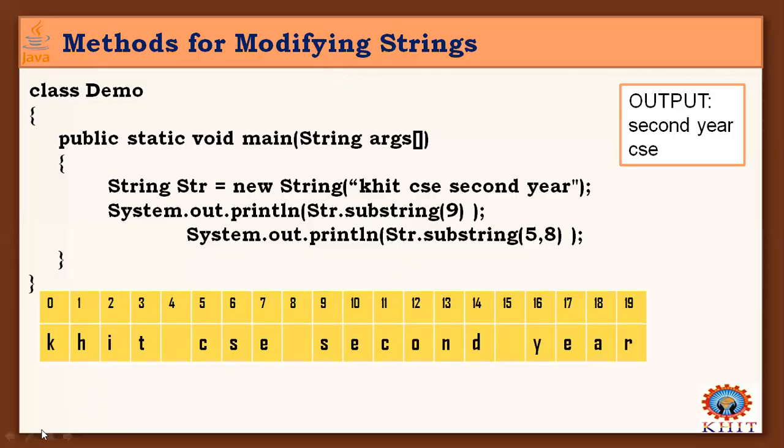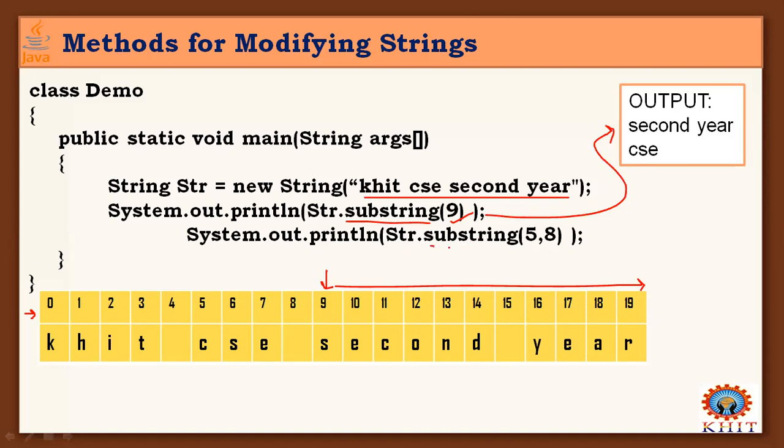I have wrongly taken the array, don't mind. So this str string contains the string value KHIT CSC. If you take it into an array, the indexes are like this and the character sequence is like this. When we invoke substring with index 9, starting from 9 to the end of the string, it displays on the screen. It extracts that substring from the given string. So the output is this one.